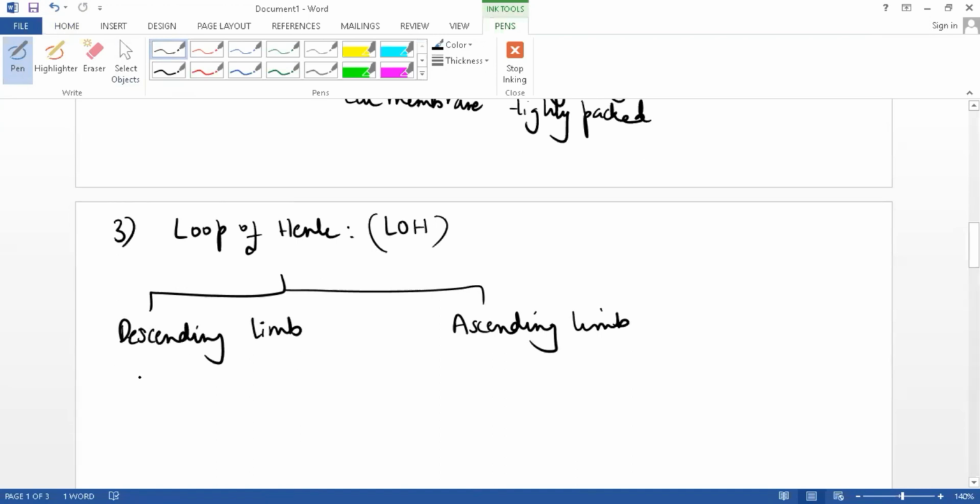The descending limb is permeable to water and less permeable to ions.